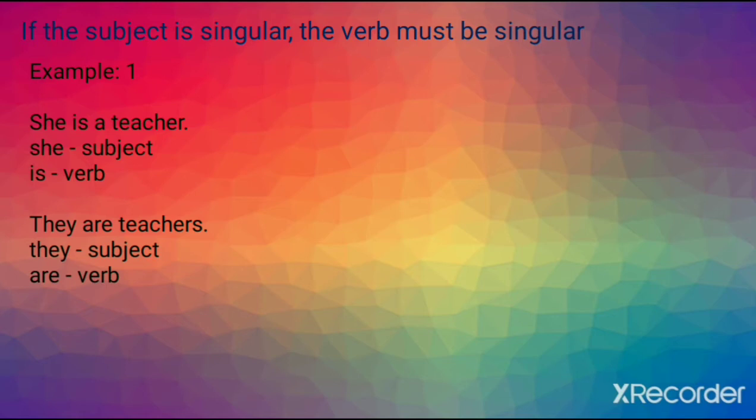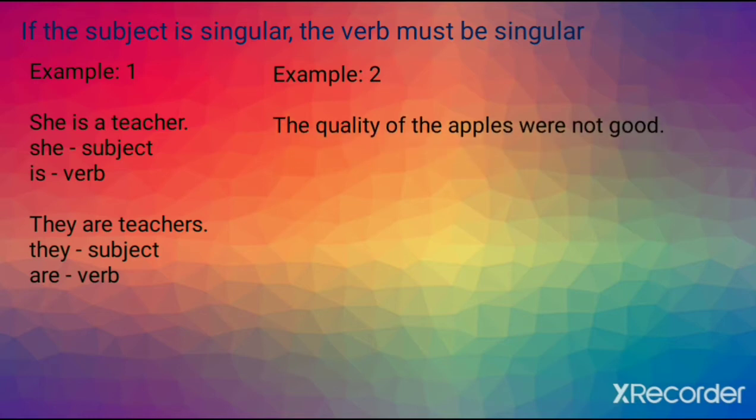One more example. The quality of the apples were not good. This is a sentence. In this, subject is the quality of the apples. We are not speaking about the apples, we are speaking about the quality. And the verb is were in this sentence.